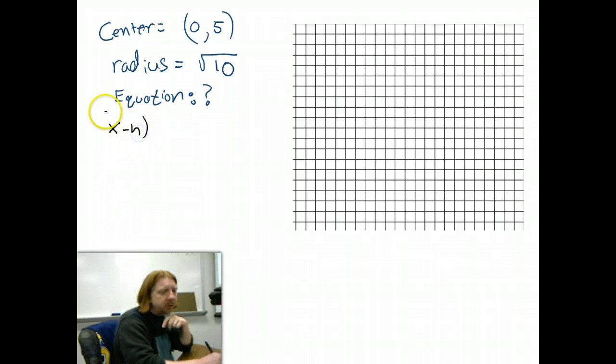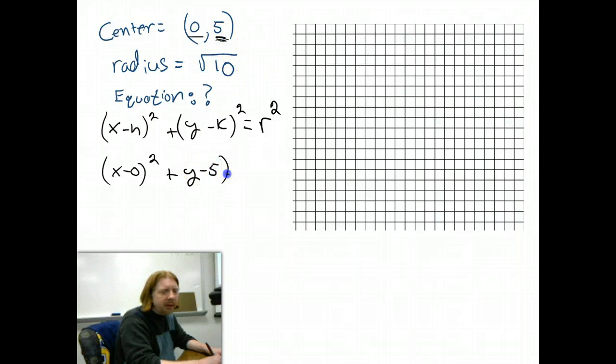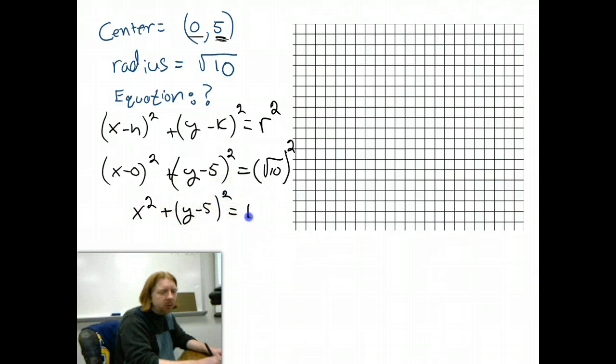It's (x minus h) squared plus (y minus k) squared equals the radius squared. So h is 0, x minus 0. K is 5, so y minus 5 squared. And then the radius is the square root of 10. So my equation for the circle is x squared plus (y minus 5) squared equals 10.